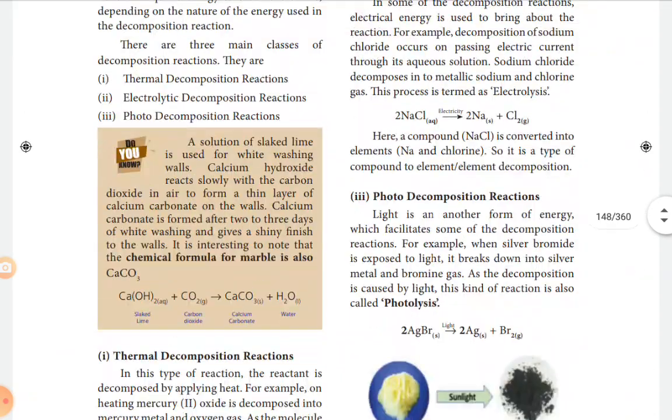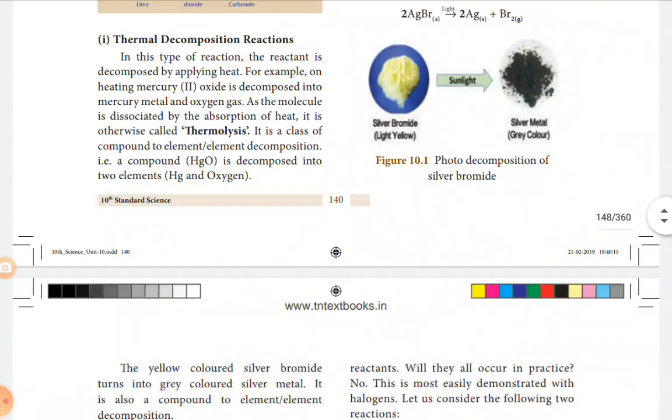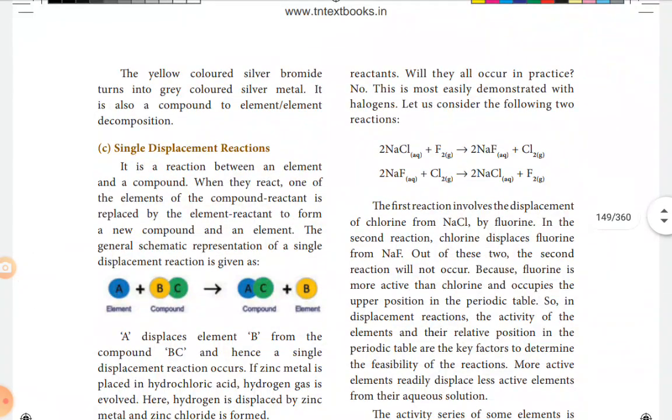Then single displacement reaction. In the single displacement reaction, one of the elements of the compound reactant is replaced by the element reactant to form a new compound. And next one, double displacement reaction.